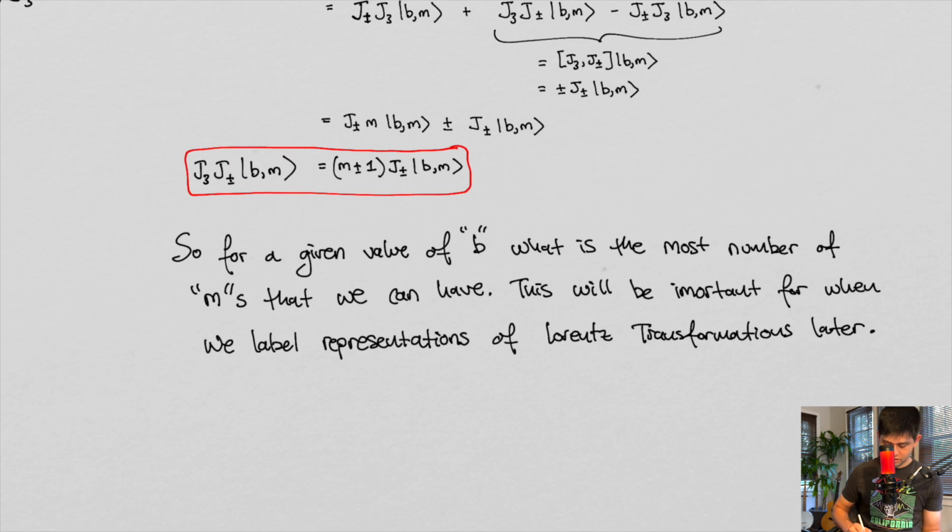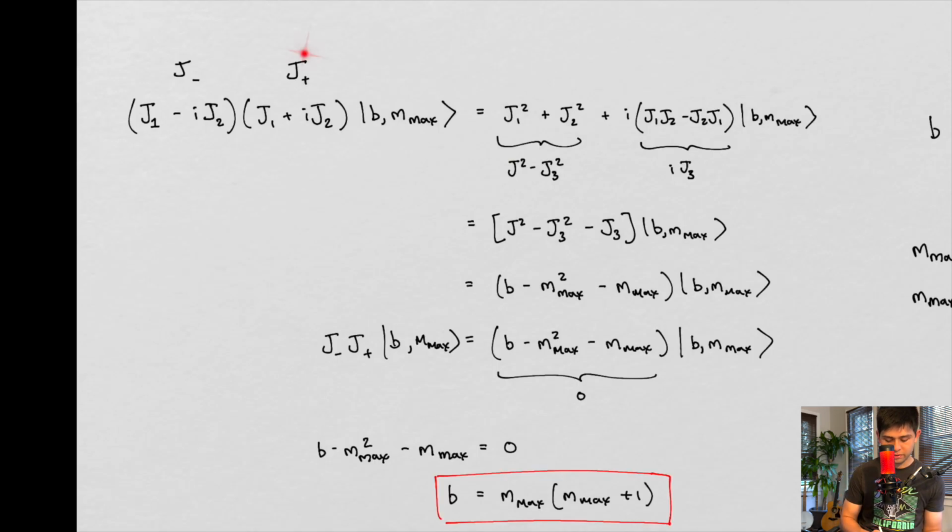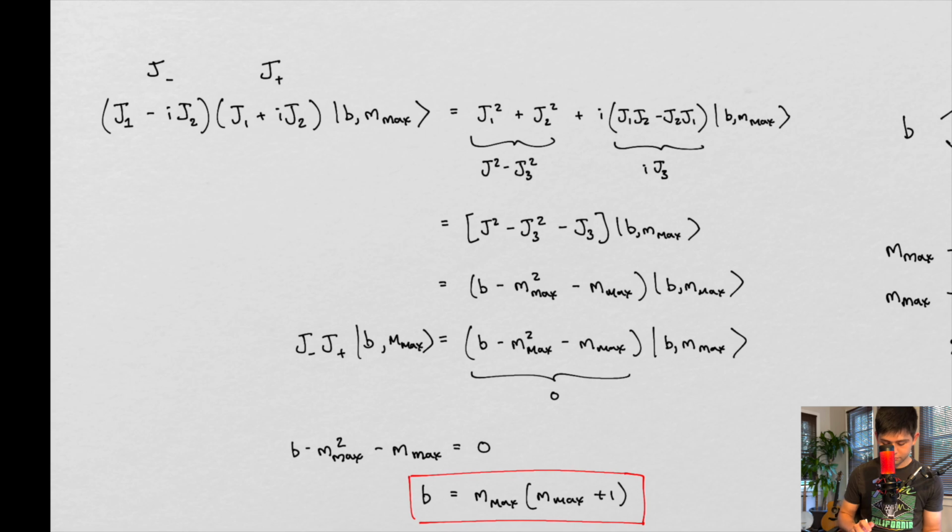So what we want to do is take a look at what this exactly looks like now. What happens when we do J minus J plus on B max? Because, and we'll see, J1, that's going to be squared. We're going to have two parts of J2 squared.